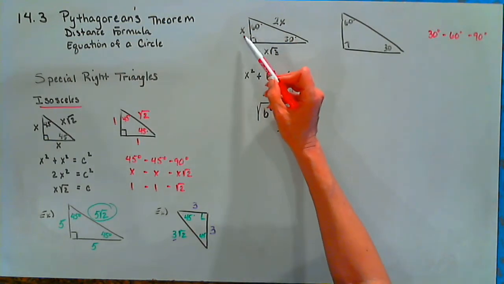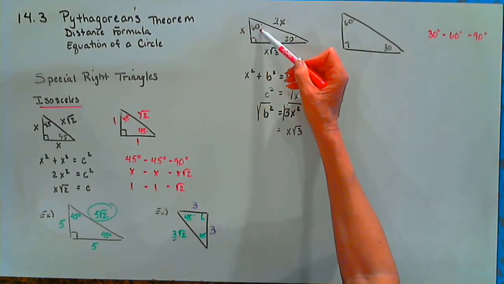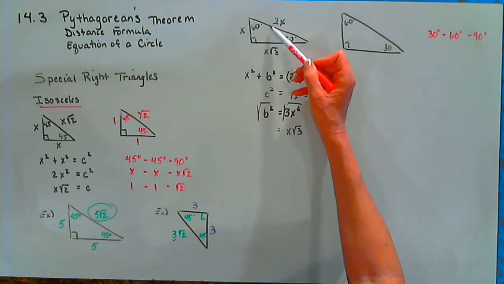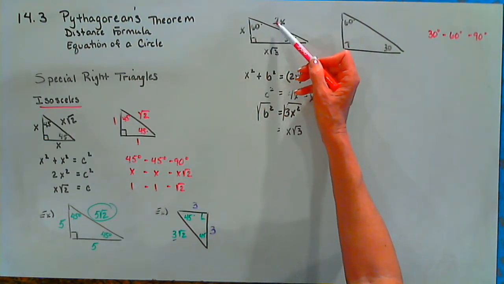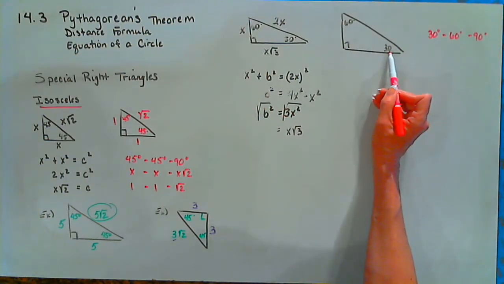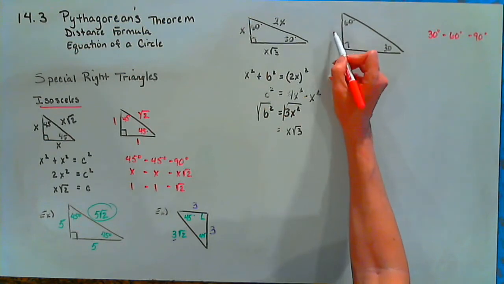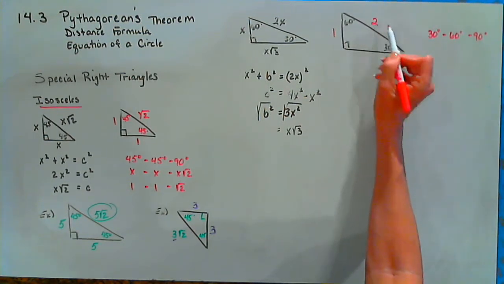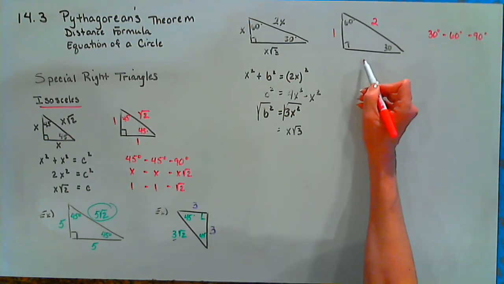30 degrees goes with the shortest side, 60 degrees produces the middle length side, across from the 90 degrees always produces the hypotenuse, the longest side. So you could say, okay, the ratio across from the 30-degree angle is 1x. The hypotenuse is always twice that.